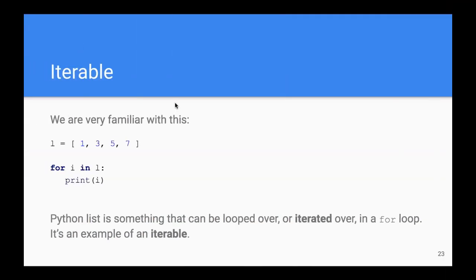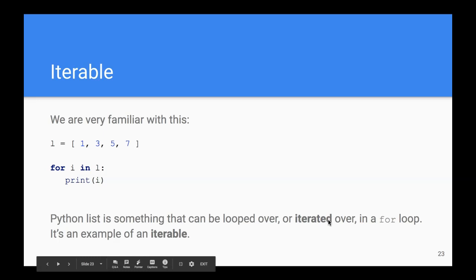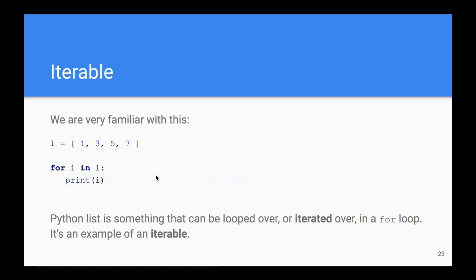Something that can be looped over, as we just saw, or iterated over in a for loop, is an example of what's called an iterable.